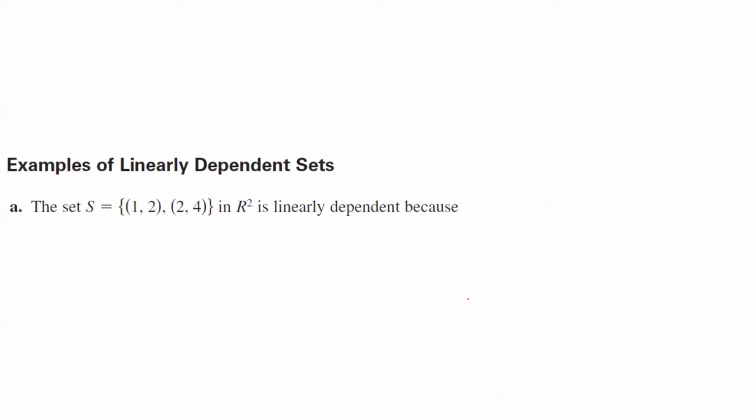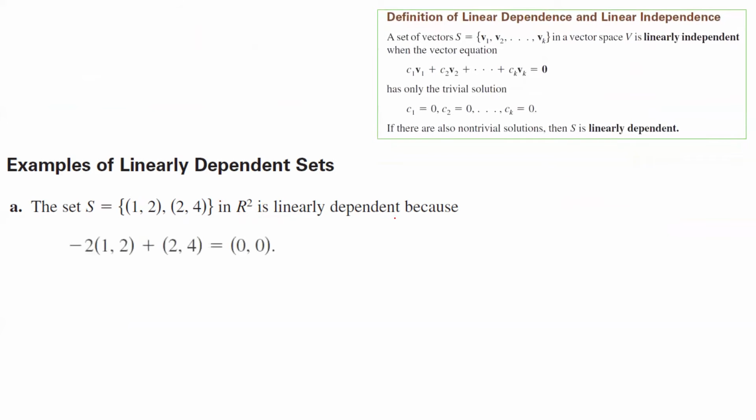Example of linearly dependent sets. Consider the following set. The set including (1, 2) and (2, 4) in the plane is linearly dependent. Why is that? If I just write the linear combination of -2 multiplied by (1, 2) plus 1 times (2, 4), this becomes 0.